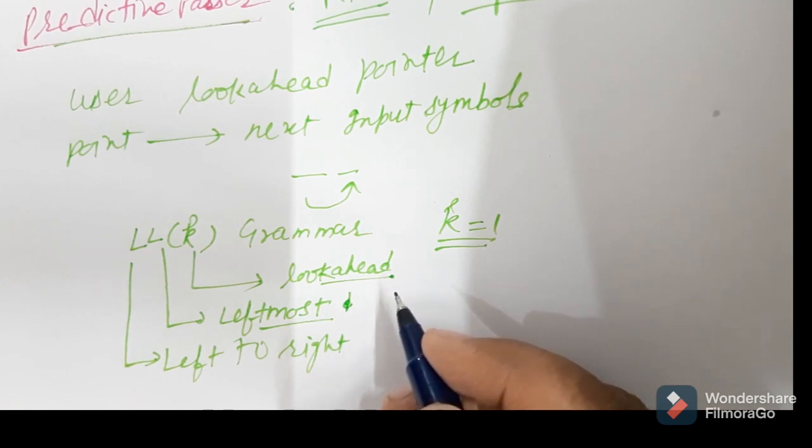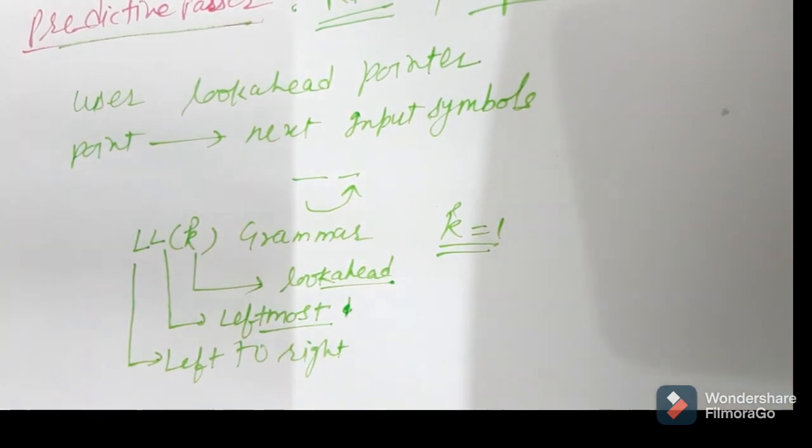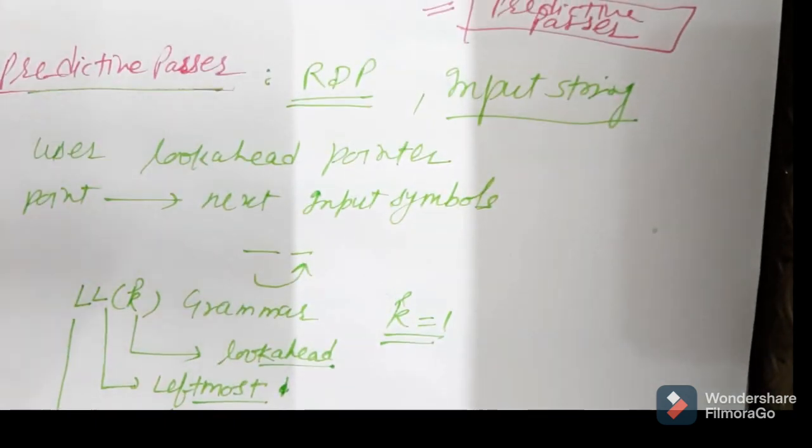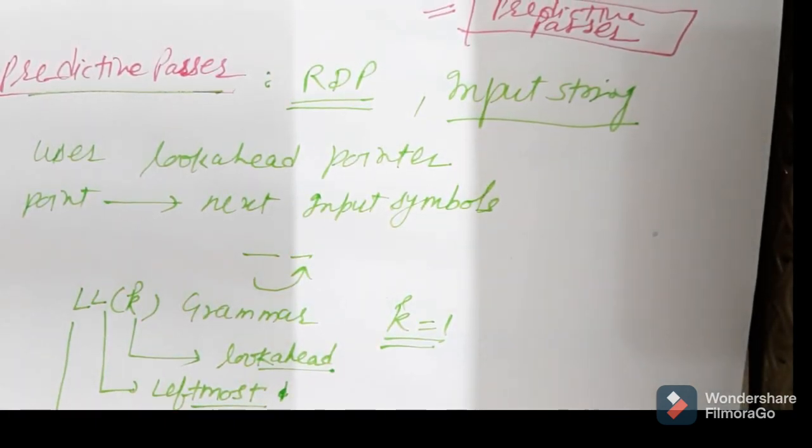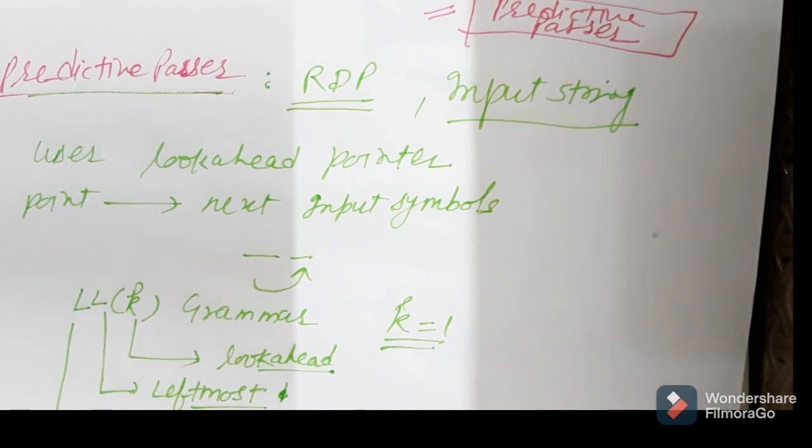So the parser uses this grammar, that's why we put the restriction, and the grammar is LL, and top-down parser uses this type of grammar, LL. And now the question is how the parser works.